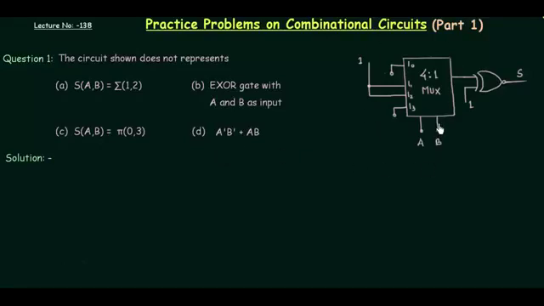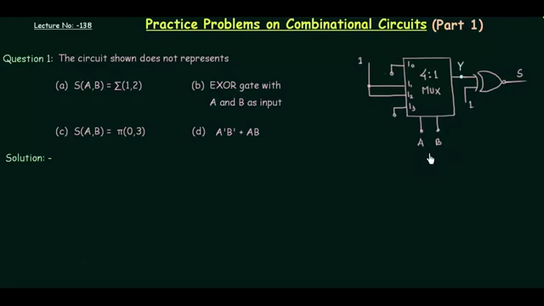You can see there is a 4:1 MUX. The first thing that we have to do is to analyze this multiplexer, and I will say this is the output of my multiplexer and its name is Y. So our first step is to find out the value of Y, then we can simply find out the value of S. So let's do it.